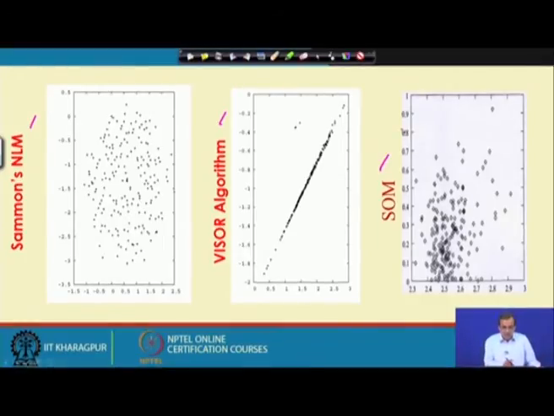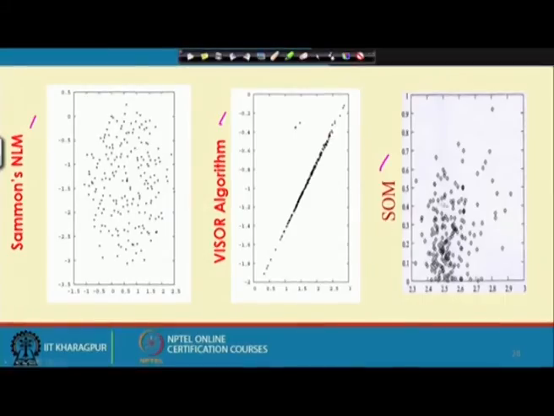Now, this shows the quality of the mapped data points. We can see that with Sammon's nonlinear mapping, the data points are well distributed and it will help us to visualize. On the other hand, if you see the quality of the mapped data using the Weiser algorithm, the data points are coming very close to each other, they are clubbed together and it is a bit difficult to visualize them.